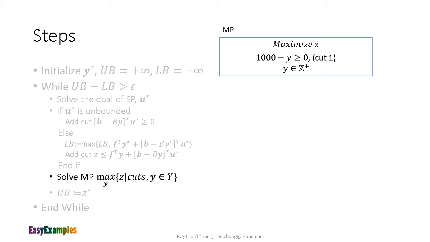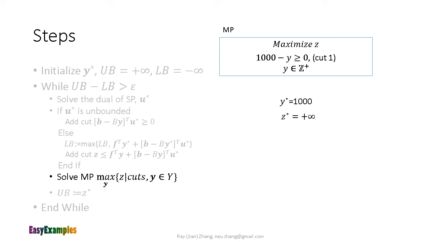We solve the master problem with the cut we just added. Because so far the objective value z is not related to the variable y, no matter which value you choose for y, the objective value z equals positive infinity.